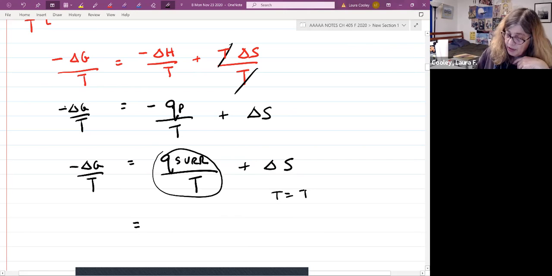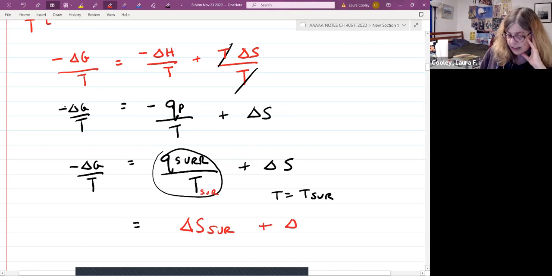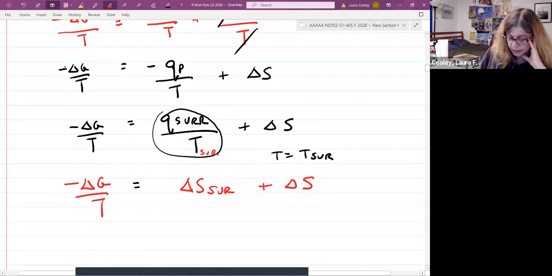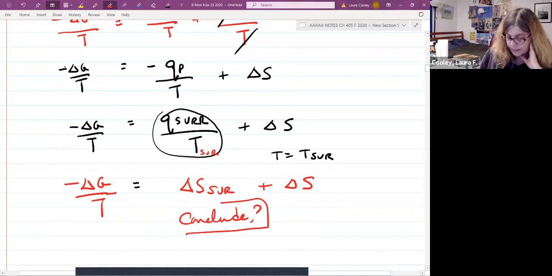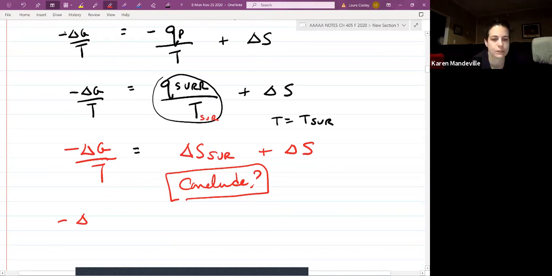Suppose we're in thermal equilibrium, this is T surroundings. This is delta S surroundings. So what can you conclude from this? The negative delta G over T equals the total delta S.